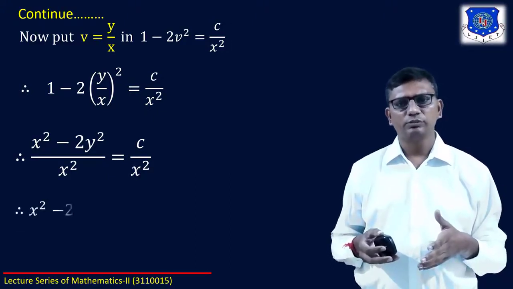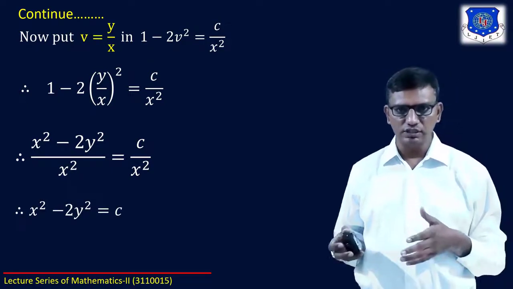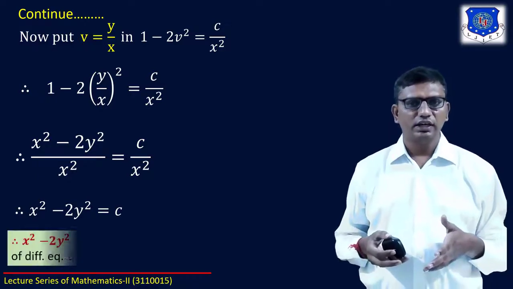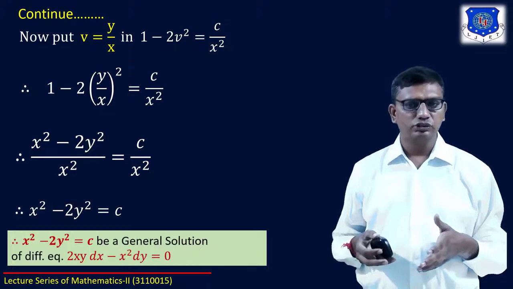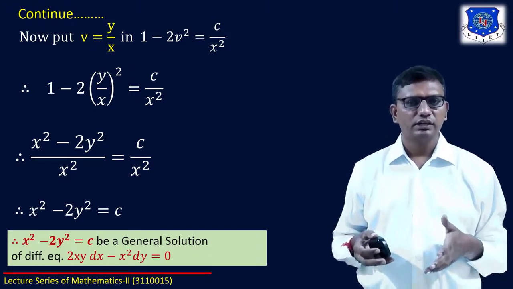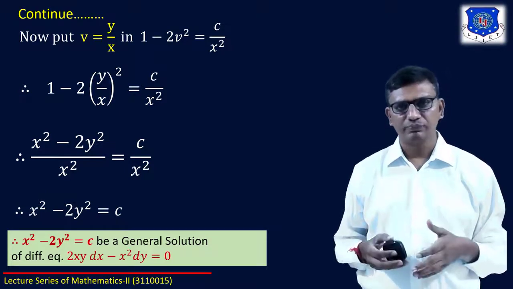X square cancels from both sides. Then we get x square minus 2y square equal to c, which is our general solution of the given differential equation. So x square minus 2y square equal to c is the general solution of the differential equation 2xy dx minus x square dy equal to 0.